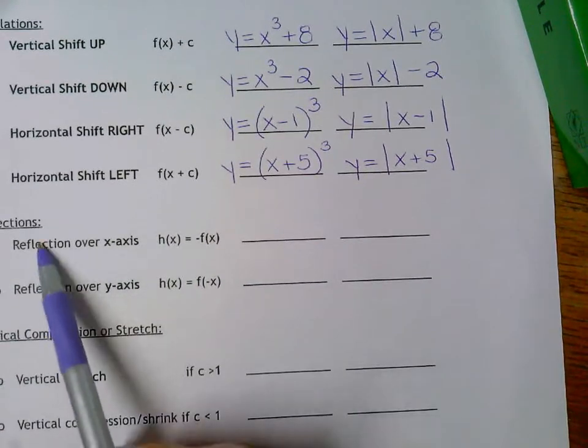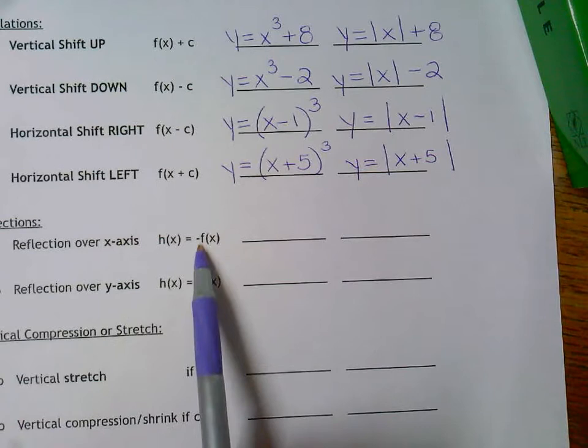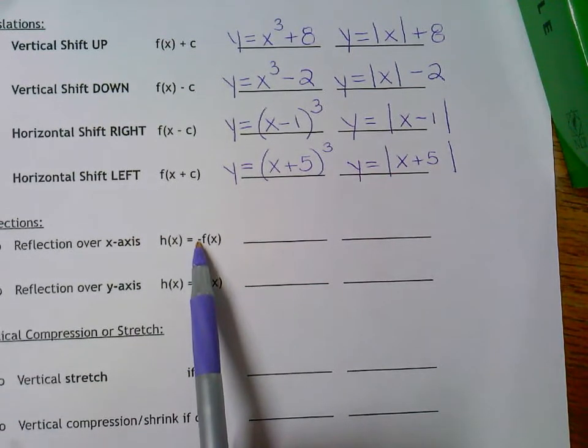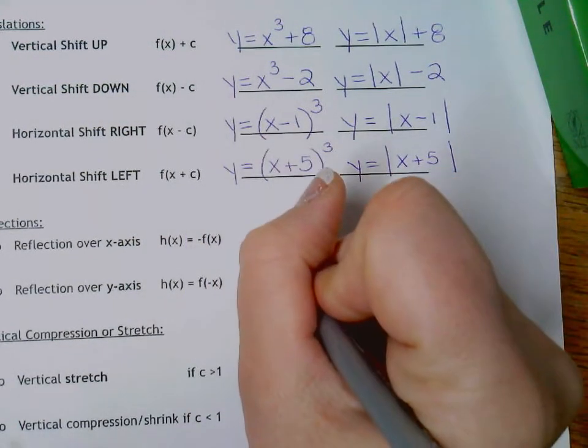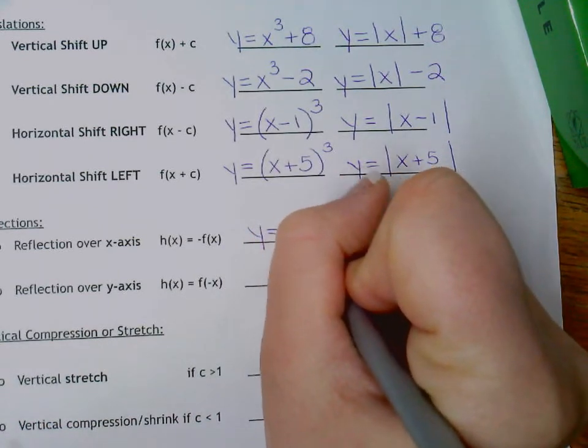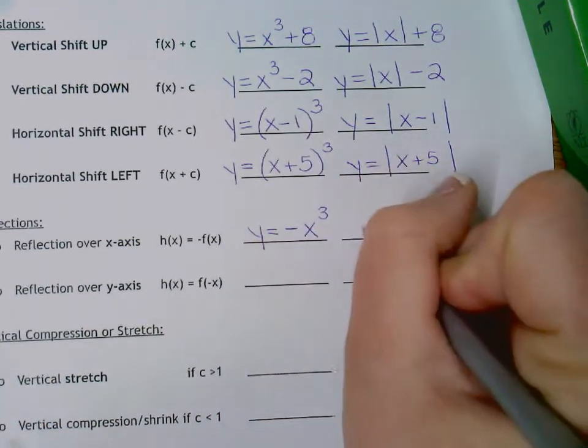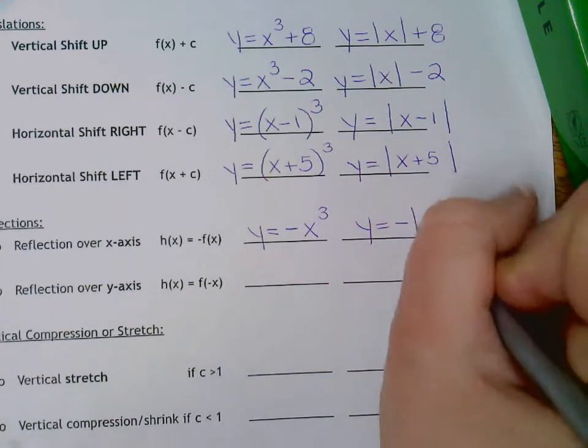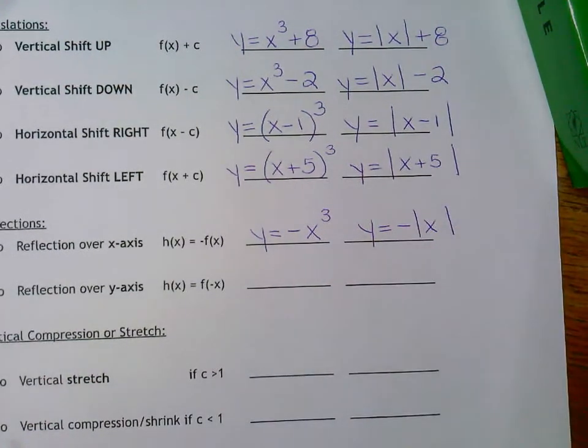Now reflecting over the x-axis, that's when you put the negative sign in front of the whole function. So for example, we'll write y equals negative x cubed, or y equals negative absolute value of x. So that's in front of the function.